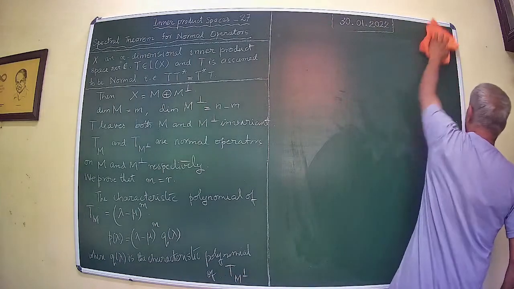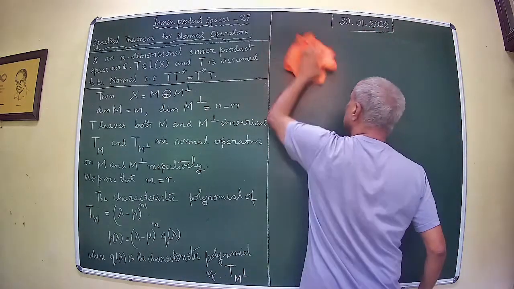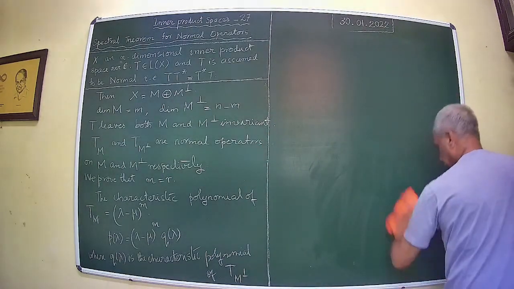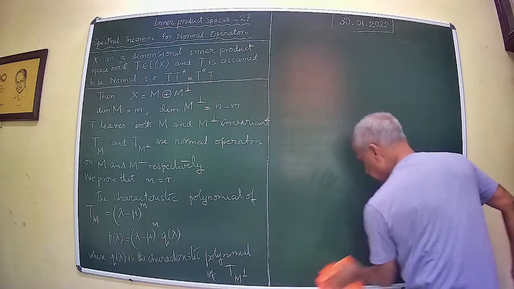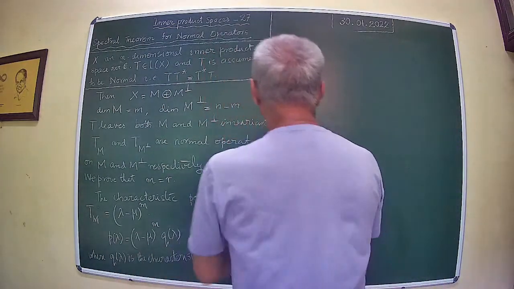Now our strategy for proof is this. Assume R is different from M. So in fact R is strictly greater than M. We show that it leads to a contradiction.